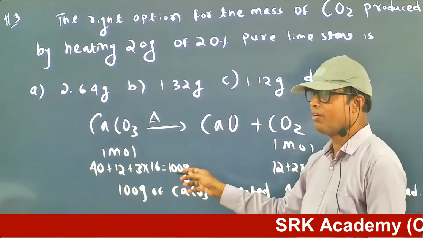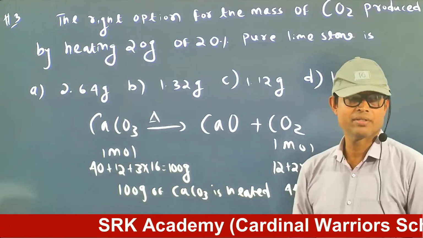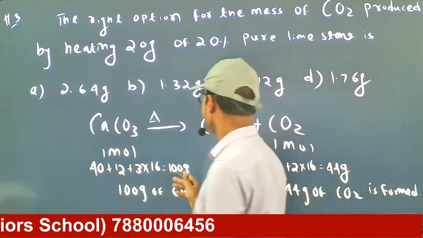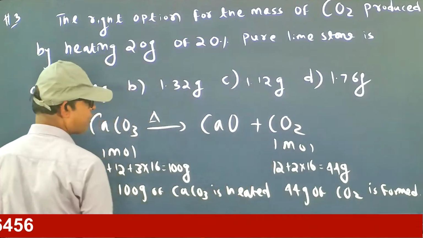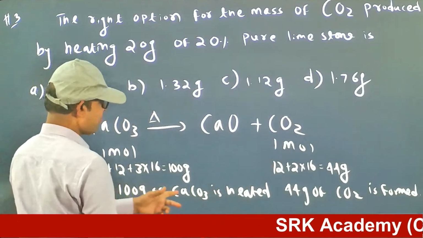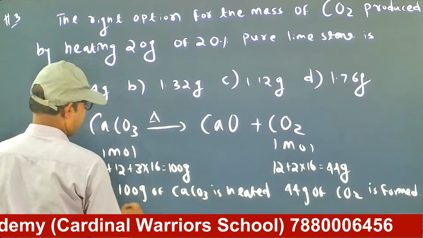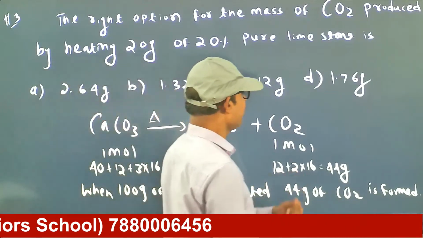If you add all the atomic masses of the elements present in this compound, we get 100 gram, and it is 44 gram. So when 100 gram of calcium carbonate is heated, 44 gram of carbon dioxide is formed.